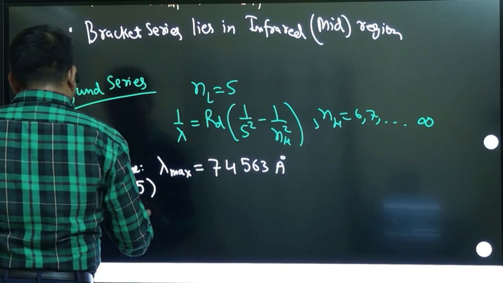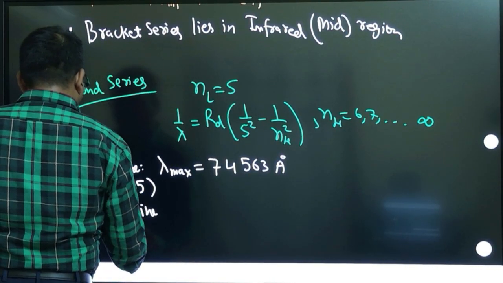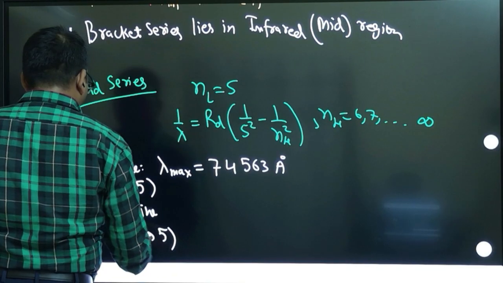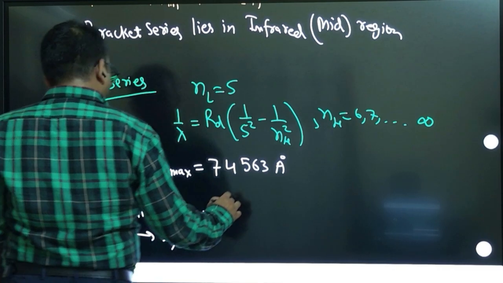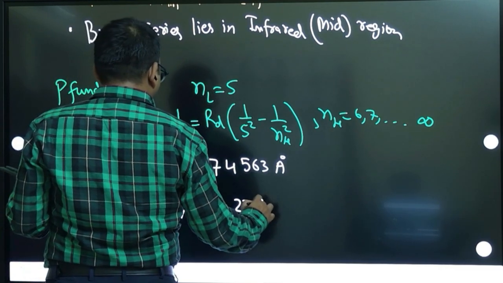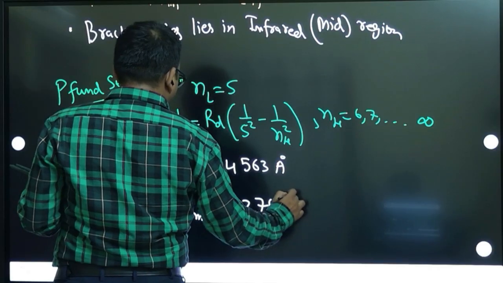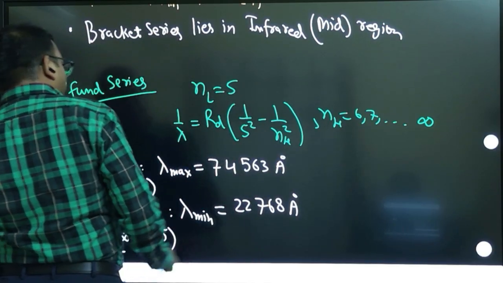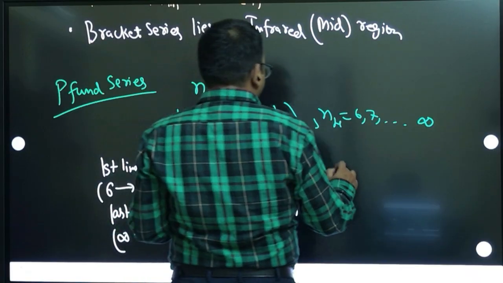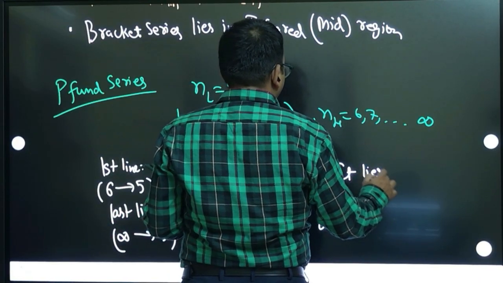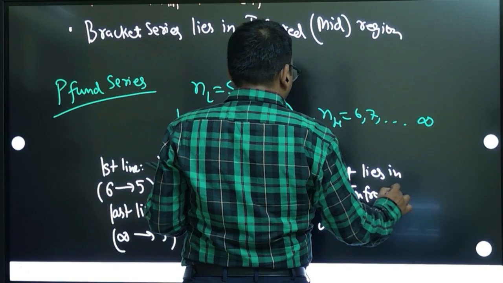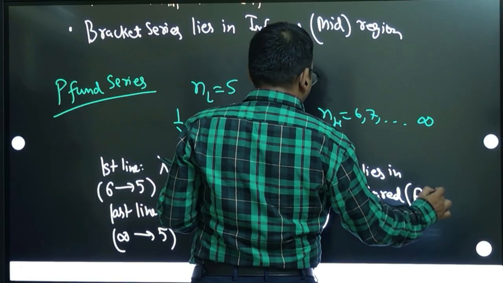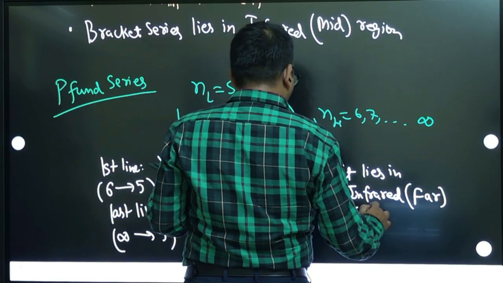And the last line, which is infinity to 5, the minimum wavelength, is nearly 22,768 angstrom. Okay. So this also lies in the infrared, but this is the far infrared region.